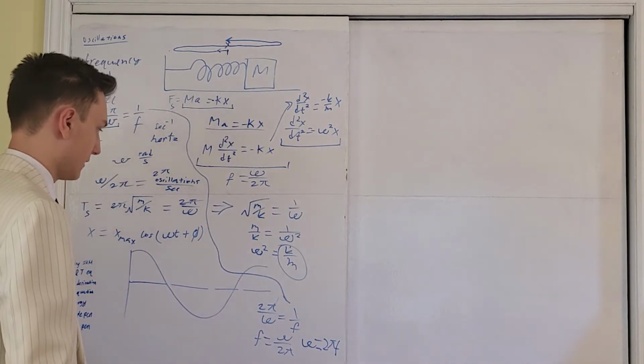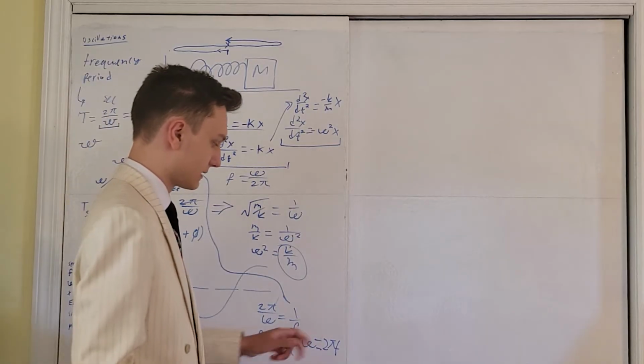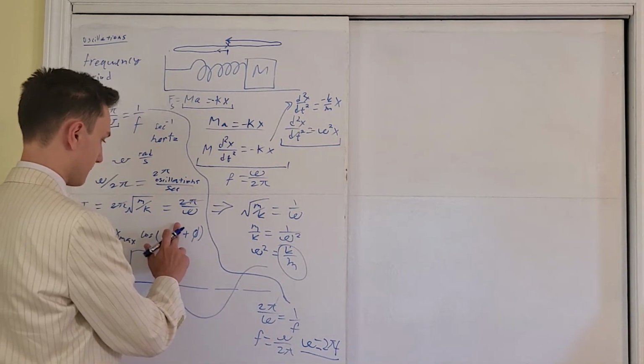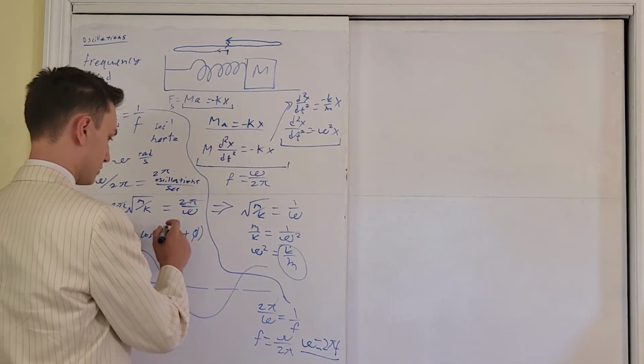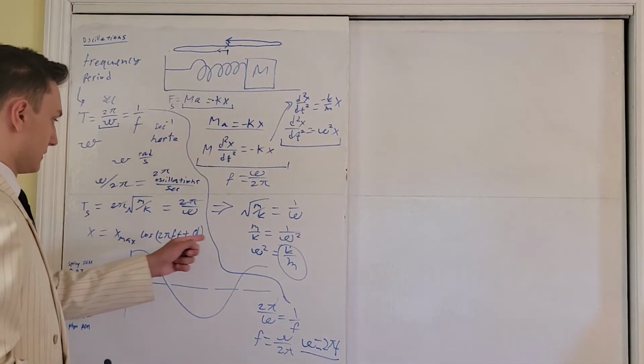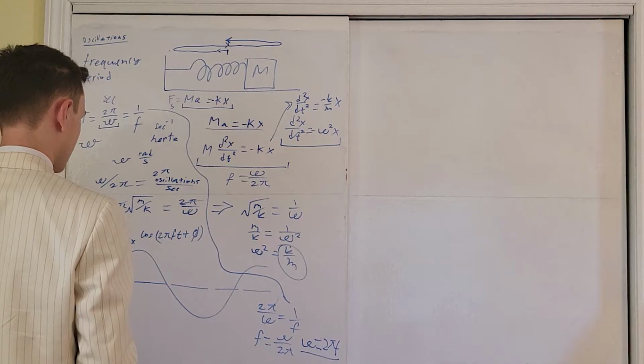So if I wasn't given omega, if I wasn't given angular velocity and I was instead given frequency in my problem, I can use this substitution to rewrite my equation as 2 pi ft in this form.